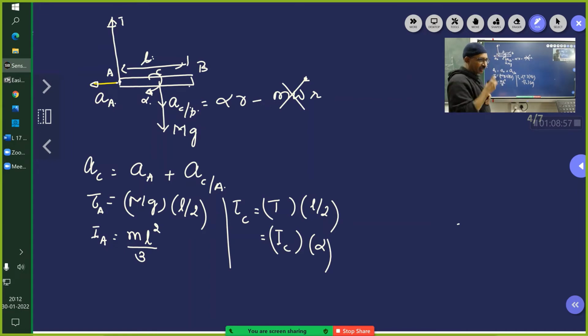Now it is not fixed, so it can have its own acceleration. How horizontal? That we have to see. Why did I write horizontal? Because if AC is only tangential, then there has to be acceleration in this direction, that is this component.